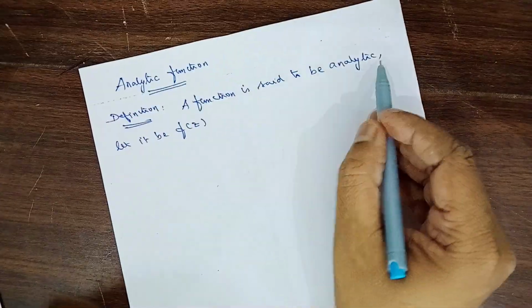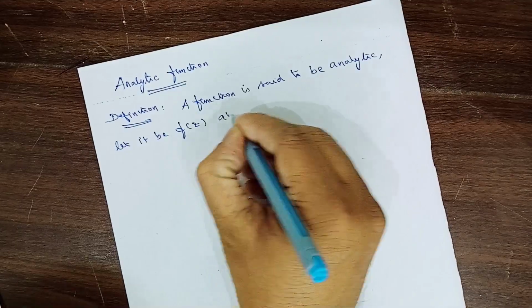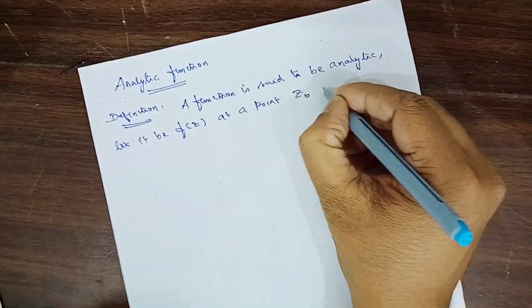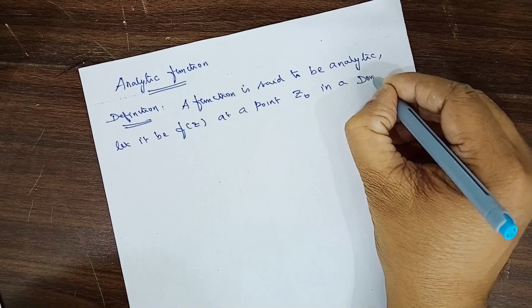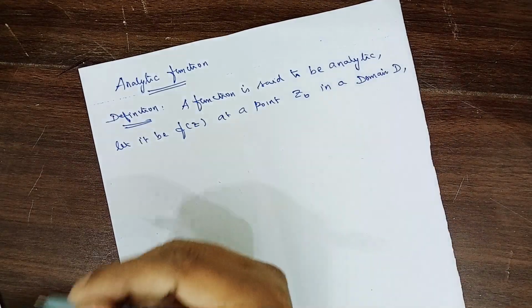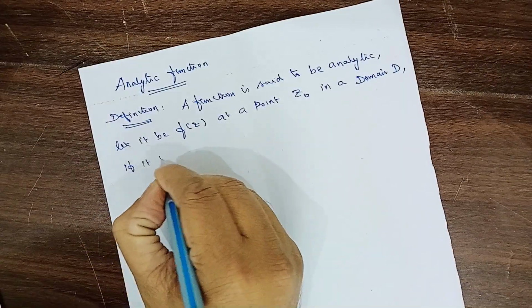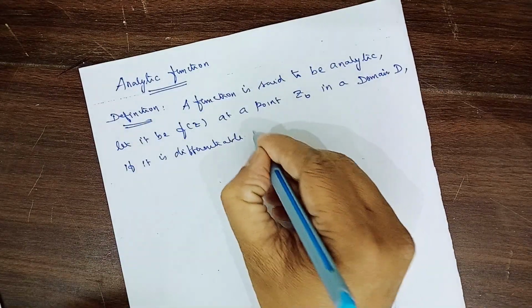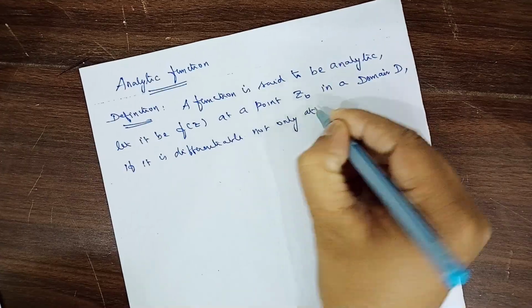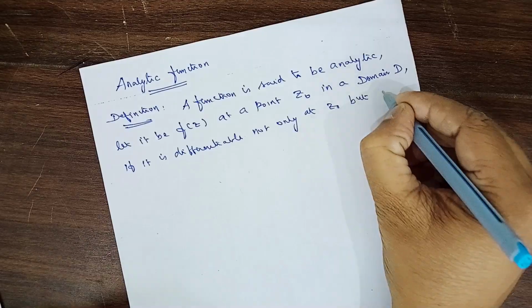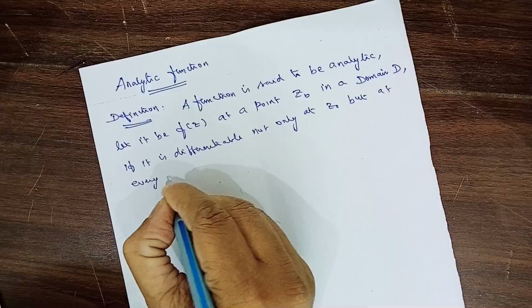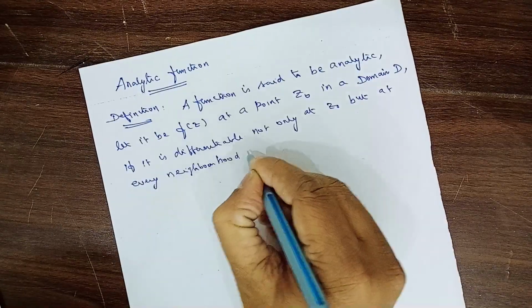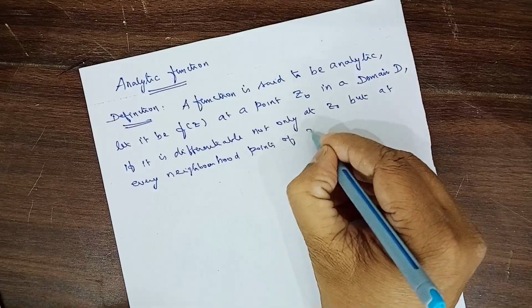A function is said to be analytic at a point z0 in a domain D if it is differentiable not only at z0 but at every neighborhood point of z0.